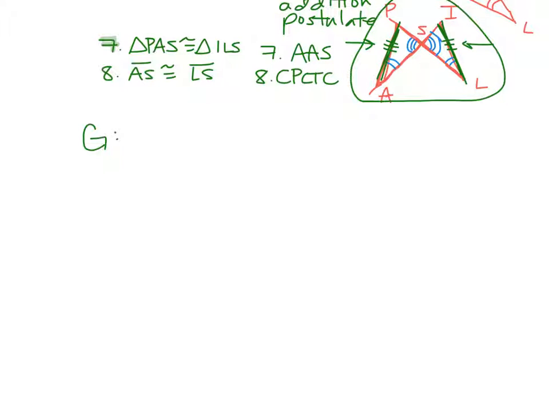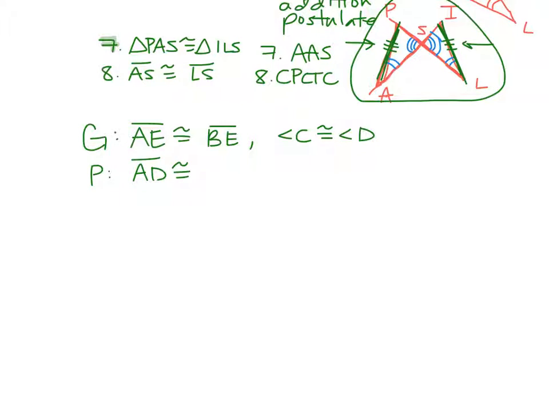All right, let's say we are given that AE is congruent to BE, and angle C is congruent to angle D, and we're going to prove AD congruent to BC. And here's our picture.